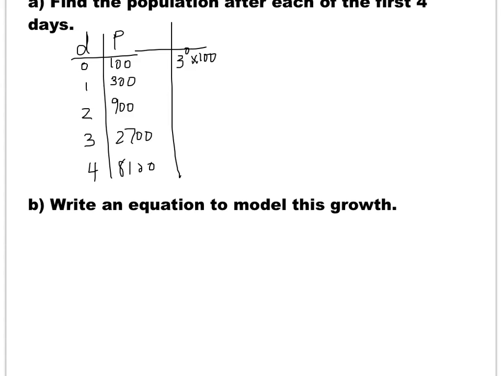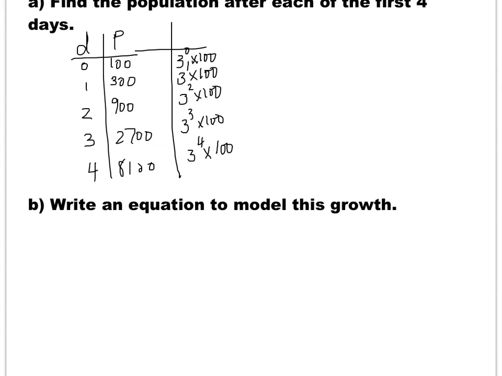The next one, I'm going to write 3 exponent 1 times 100, because 3 exponent 1 is 3, times 100 is going to give me 300. For the next one, 3 exponent 2 times 100. The next one, 3 exponent 3 times 100. The next one, 3 exponent 4 times 100.